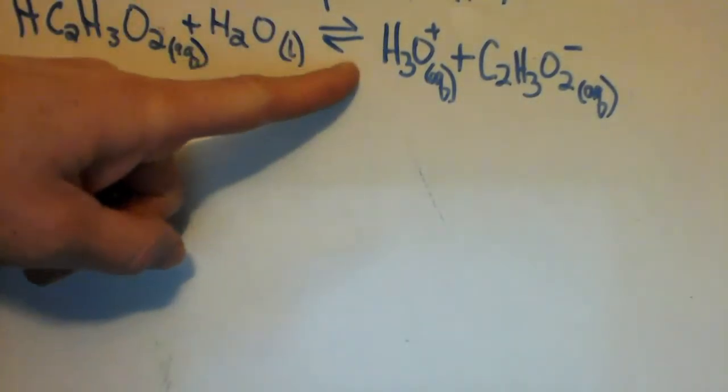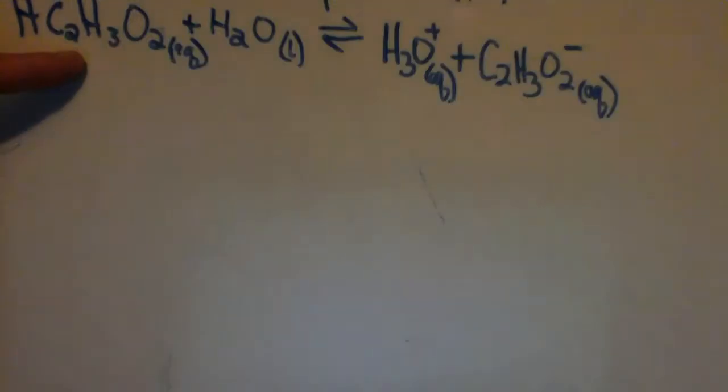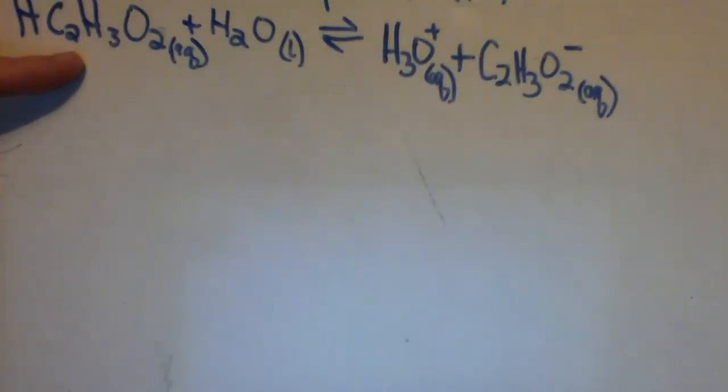Notice that the arrows are going two ways, which tells us that acetic acid is a weak acid and the reaction will not go to completion. The question is asking us to find the acid dissociation constant. So before we can do that, we need to find the concentration of everything here except the water.